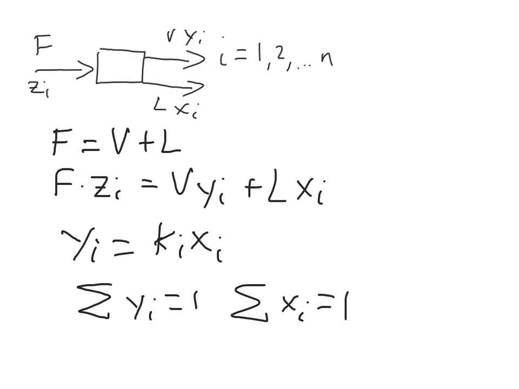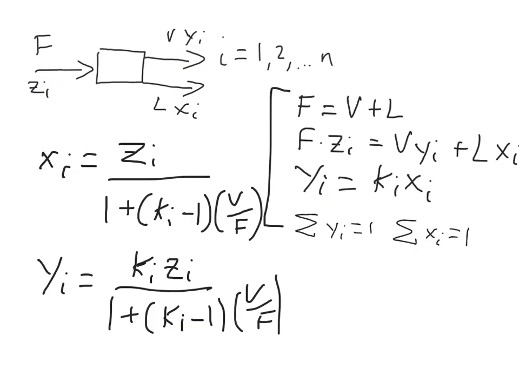And we're going to use these equations to go about solving for a solution to this problem where we're given information about the feed, but we want to find information about the outlet. If I go ahead and take all of these four equations, do some algebraic manipulation, and solve them for x and y, I can rewrite them and get these two equations here.